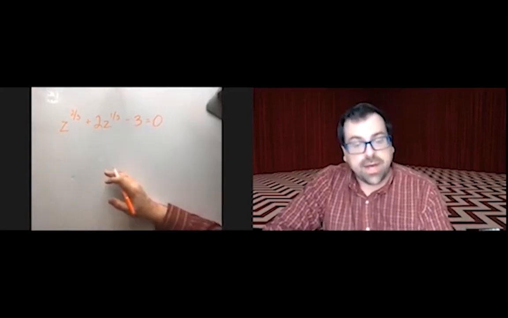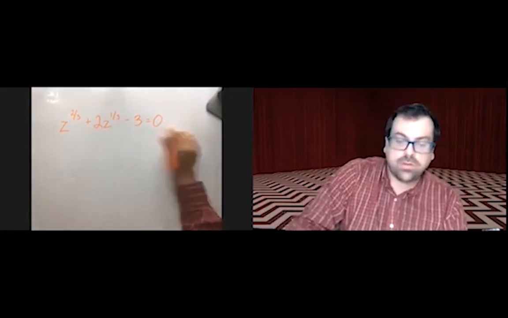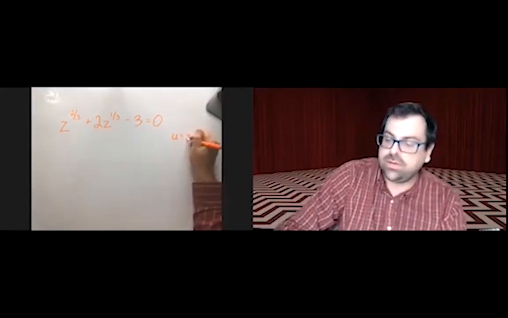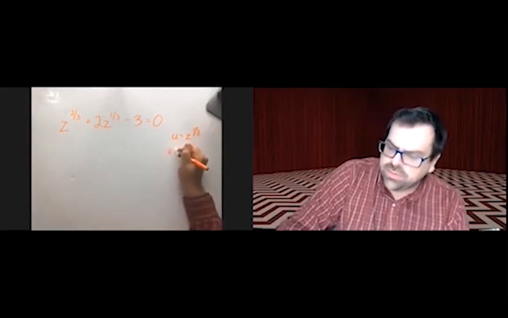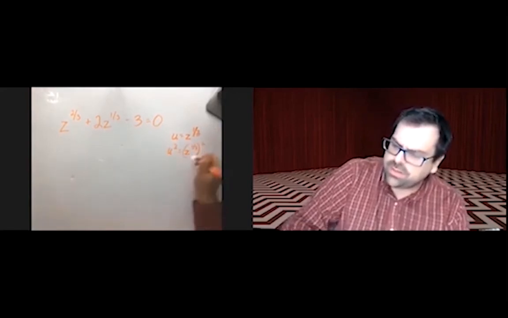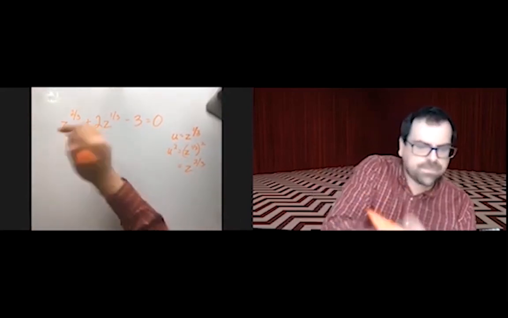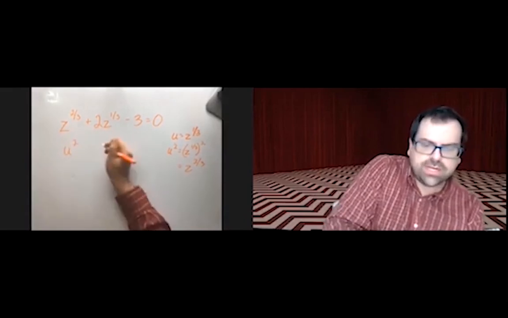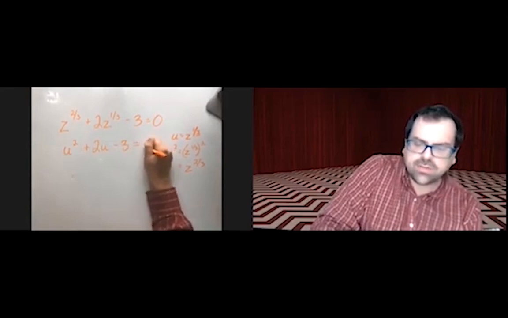This time it's not so obvious, but if we let u be this z to the 1/3, that means u squared would be z to the 1/3 squared, which is z to the 2/3, and that's what we have here. So this is u squared plus 2u minus 3 equals 0.